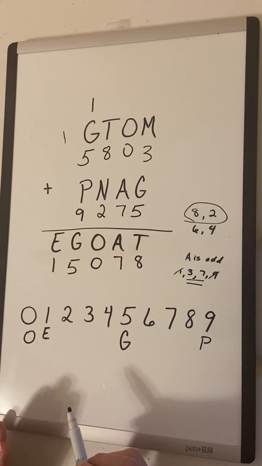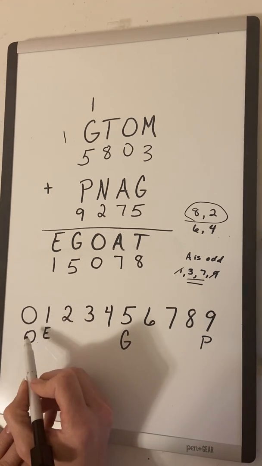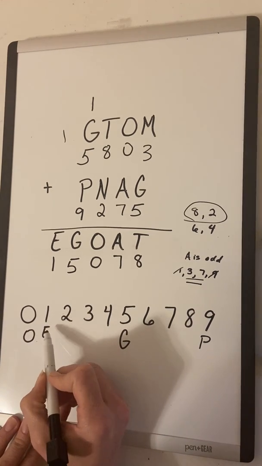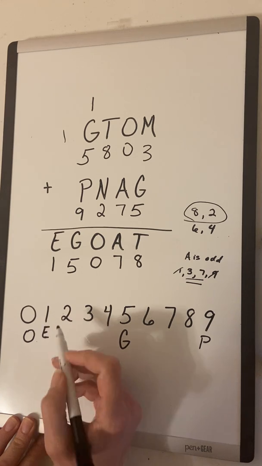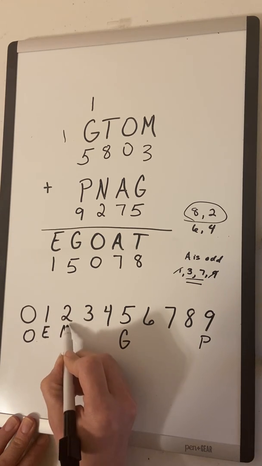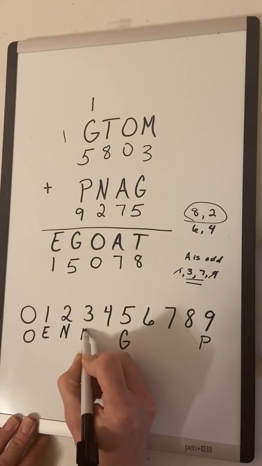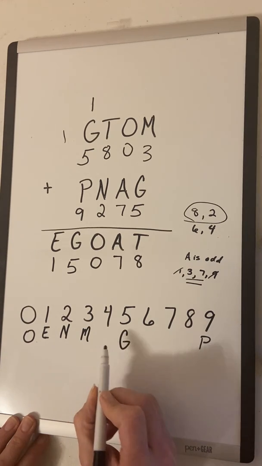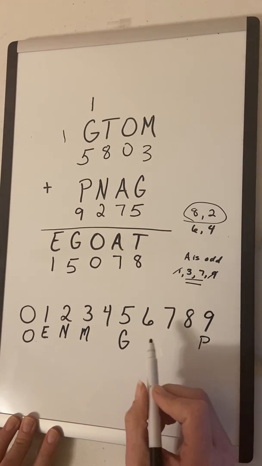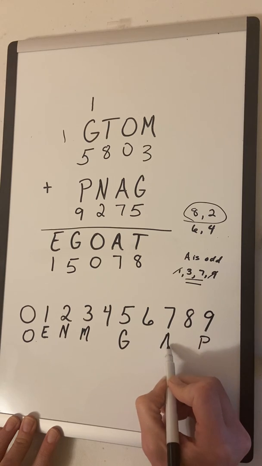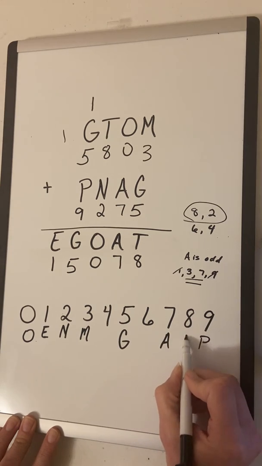So we would be given then here that O is 0, E is 1, N is 2, M is 3. We have nothing for 4. G is 5. Nothing for 6. A is 7. And then 8 would be T.